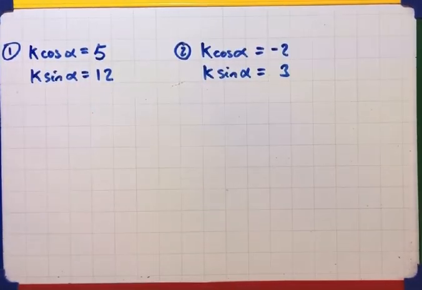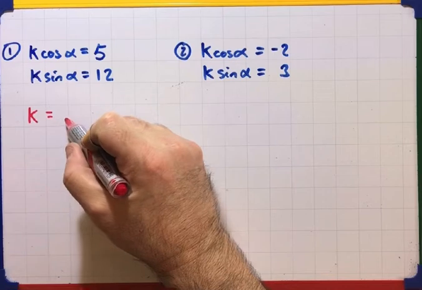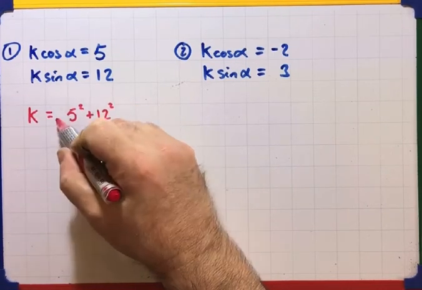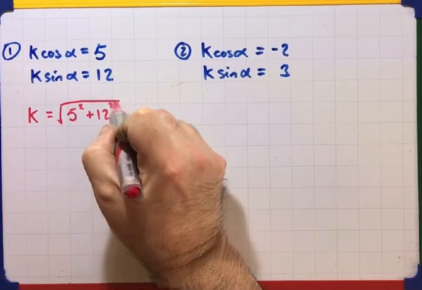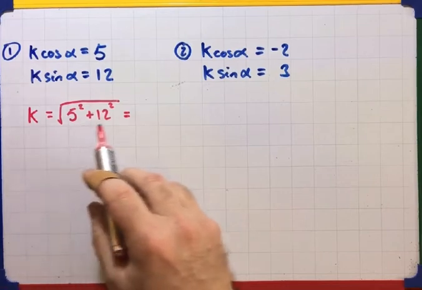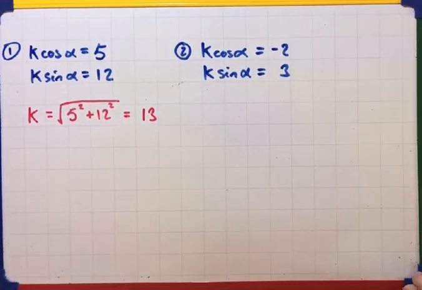Let's have a look at these two. Remember what we said. To work out k, we just square and add the two numbers and take the square root. That's all we ever do to work out k. So in this case, that's a Pythagorean triple. It gives us 13.